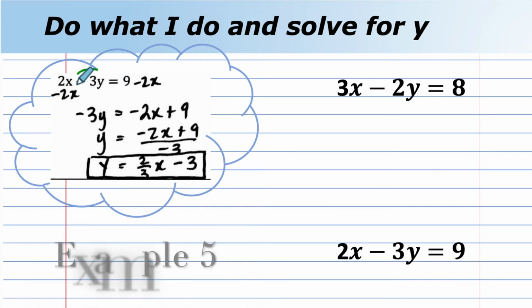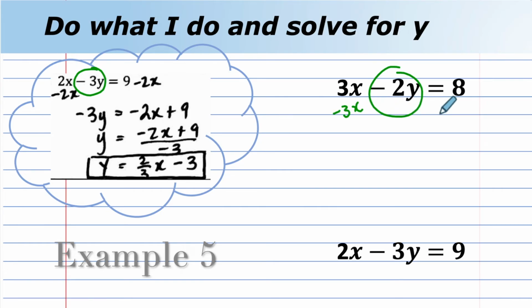Looks like I decided to isolate negative 3y by subtracting 2x from both sides. I'll isolate negative 2y by subtracting 3x from both sides. Next step, I divided by negative 3. So from negative 2y equals negative 3x plus 8, I'm going to do the same thing.